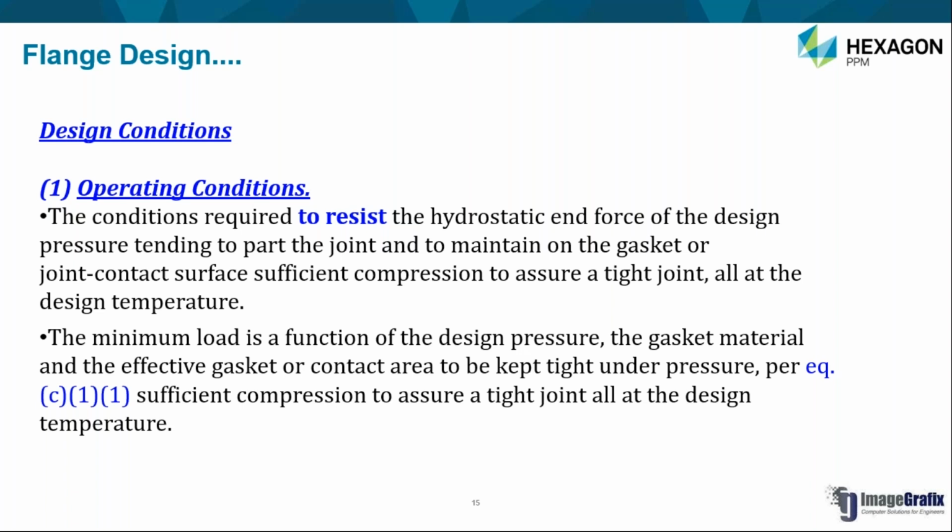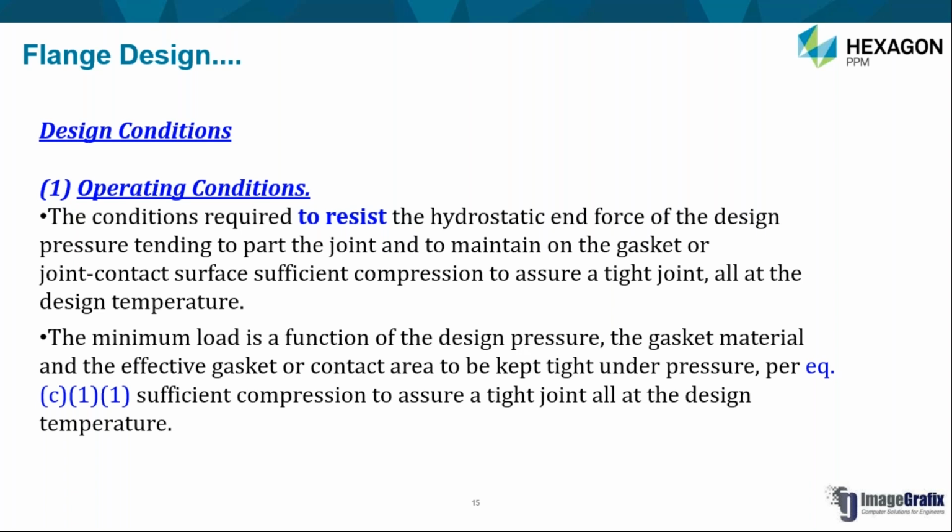So what is the definition over here? The conditions required to resist the hydrostatic end force of the design pressure tending to part the joint, and to maintain on the gasket or joint contact surface sufficient compression to assure a tight joint, all at the design temperature.